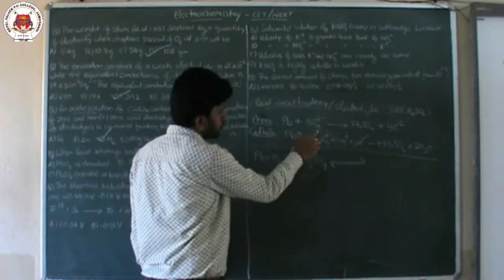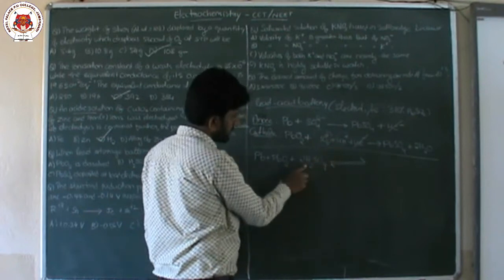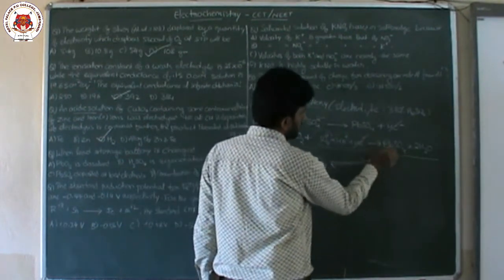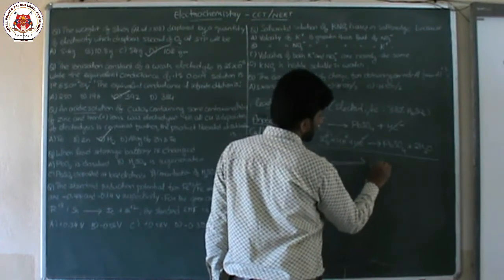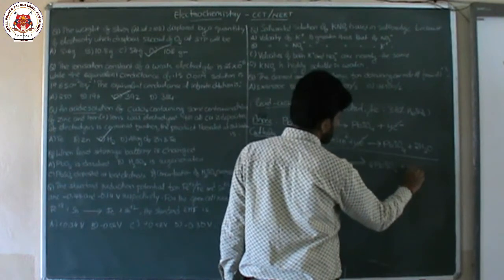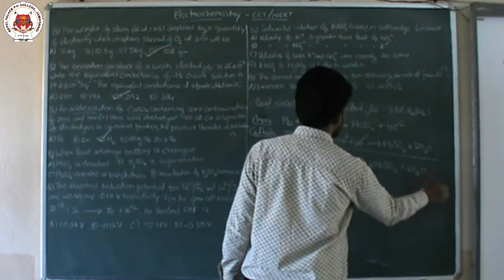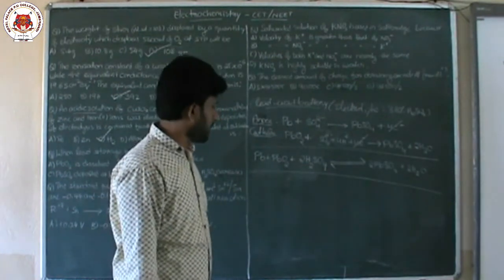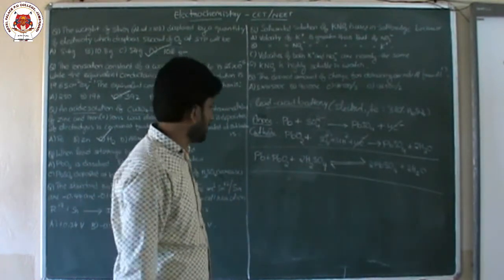See, 2 SO4s, 4 H plus means 2H2SO4. And here you get 2 moles of PbSO4 and you get 2 moles of water. So this is what is happening in lead storage battery or lead acid cell.